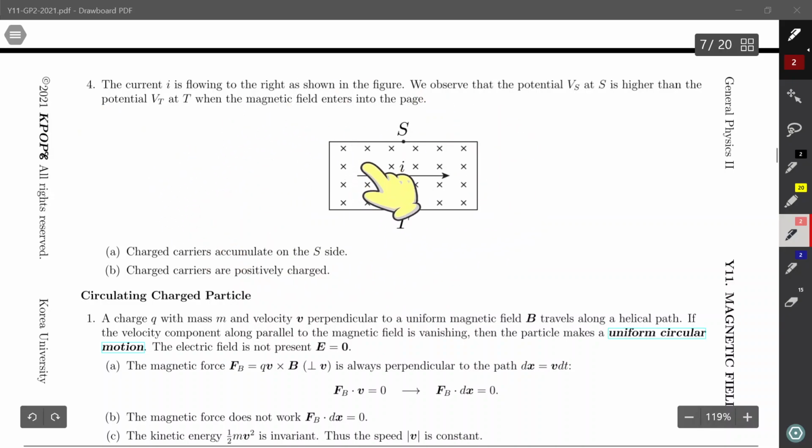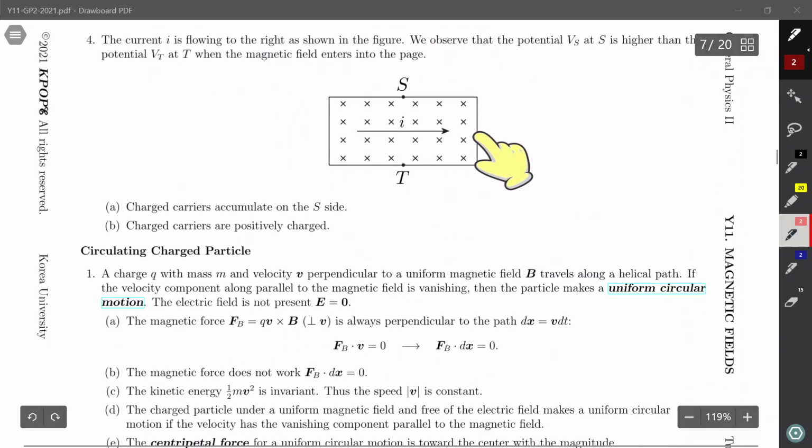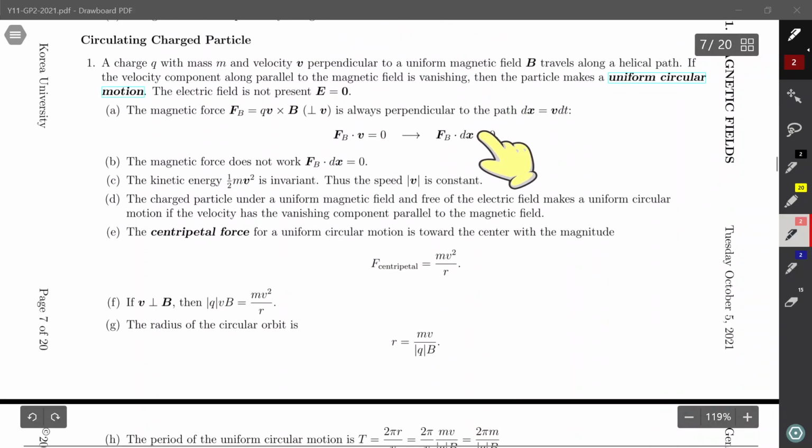Number 4 is the application of the previous problem. Next, we consider a circulating charged particle. A charge Q with mass m and velocity v, perpendicular to the uniform magnetic field, travels along a circular path.